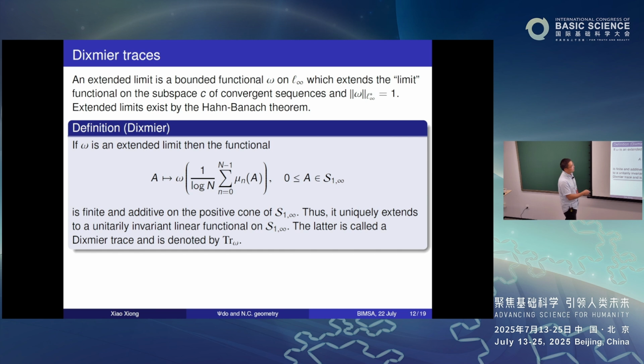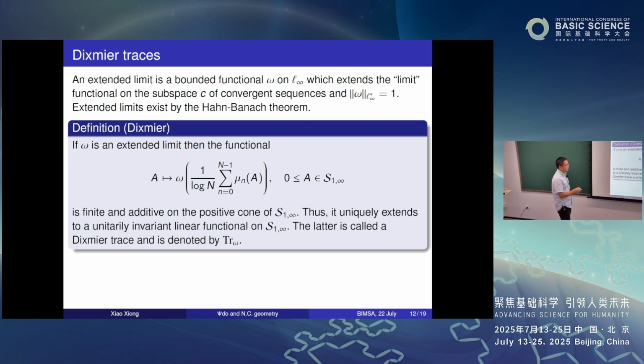So here, this omega has to be a singular part of the dual of L infinity. Because as you know, the dual of L infinity is not L1. It is larger than L1. There are two parts of the dual of L infinity. The normal part is L1, and the singular part is the other part.